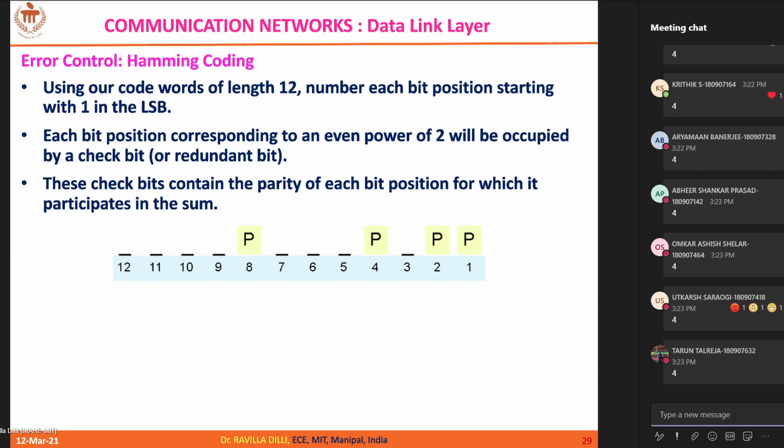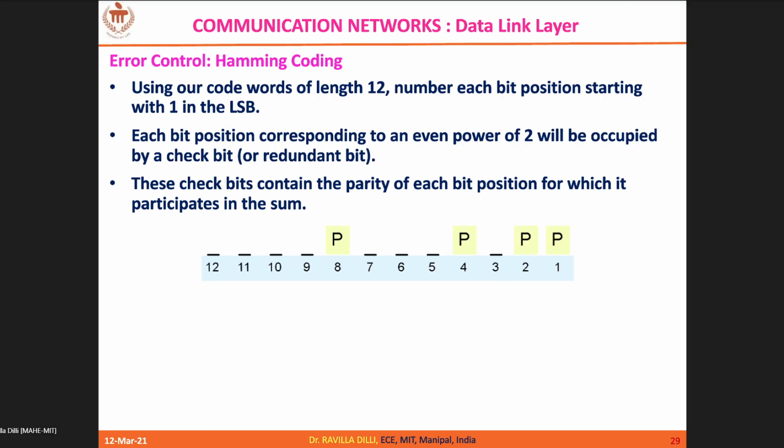It is 1. 11th bit position value, 0. 10th bit, 1. 9th bit, 1. 7th bit, 1. The 8th bit we are reserving, right? So we are going to derive it later. 6th bit, 0. 5th bit, 0. 3rd bit, 1. Very good.